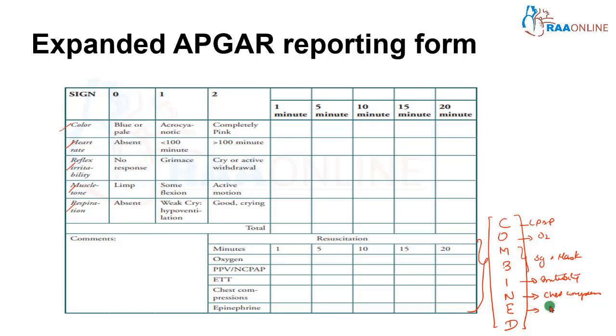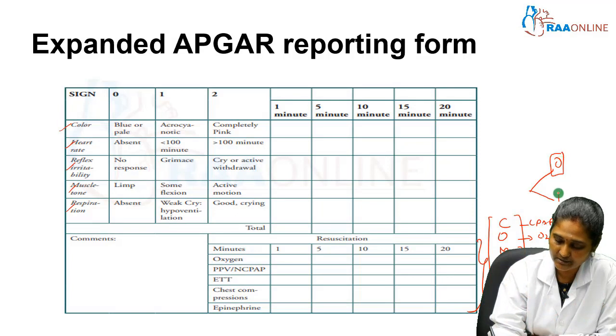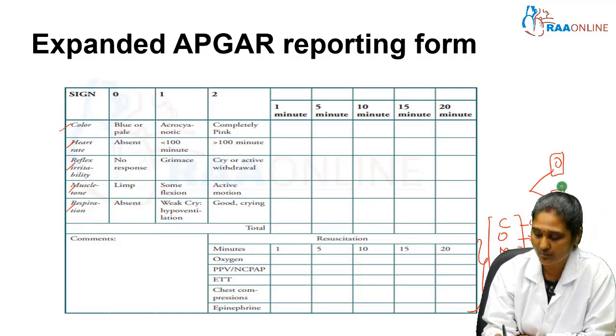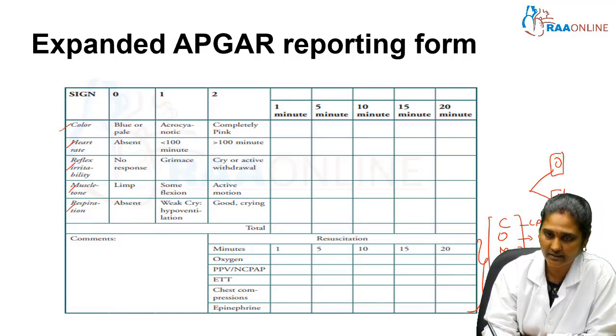or administering exogenous surfactant, or any drugs like adrenaline. Based upon each individual resuscitation intervention, you have to score either 0 or 1. Zero means you are performing that activity.